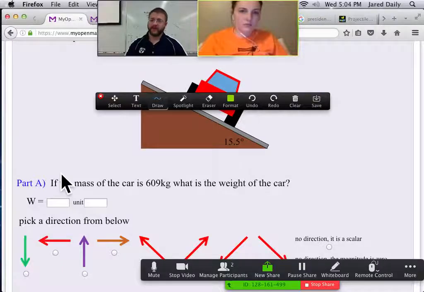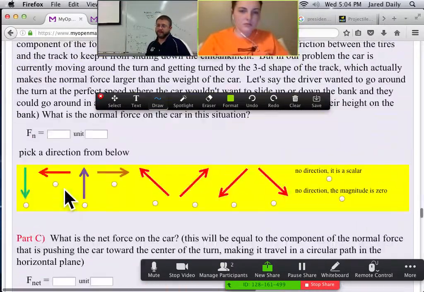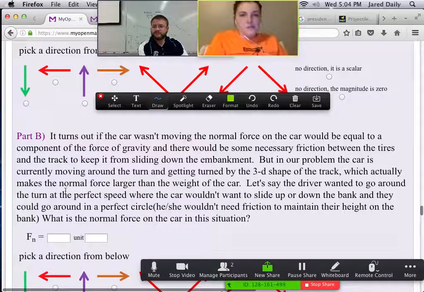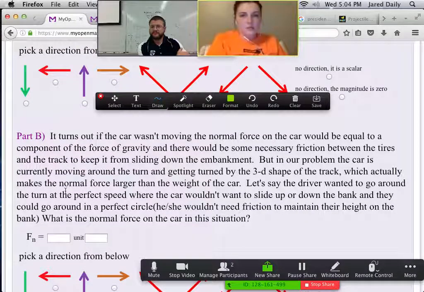What about part B here? Basically like a normal force so that the car doesn't move up or down on the track at all, with no friction. So do we need to find a perpendicular normal force?